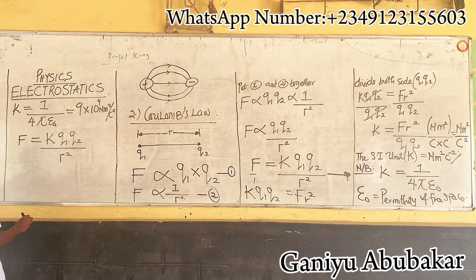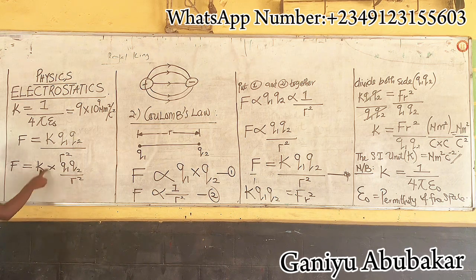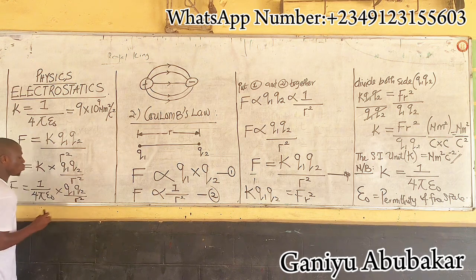From here, what is K? We said K can be expressed as 1 over 4 pi E naught. So F is equal to 1 over 4 pi E naught times Q1 Q2 all over R squared.